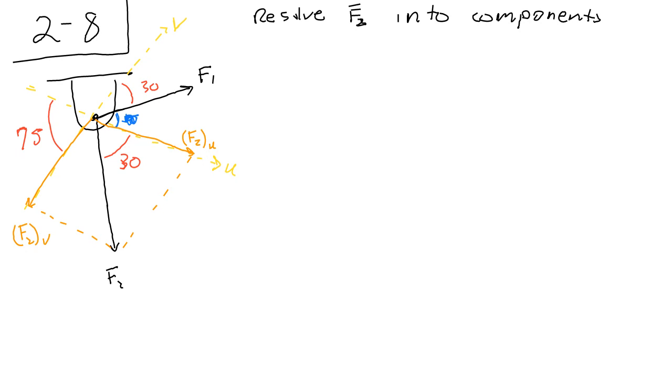It's not 15, right? It's this whole part that is 75, not all this. And so it's 75 minus 30. So let me write that down. So this is 45. That makes more sense.